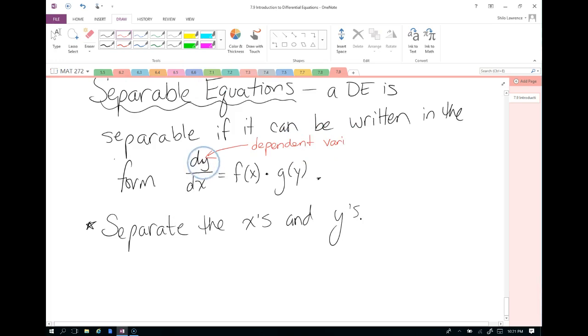Because technically what dy dx is saying is that we're taking the derivative of y, of an equation named y, with respect to x. That means I'm going through my y equation and I'm taking the derivative of all the x's. So on the top, the y is like the name of the equation, and on the bottom, it tells us what our independent variable is.